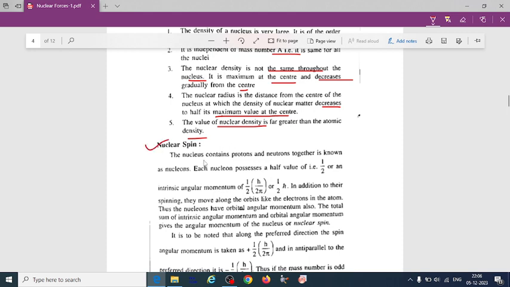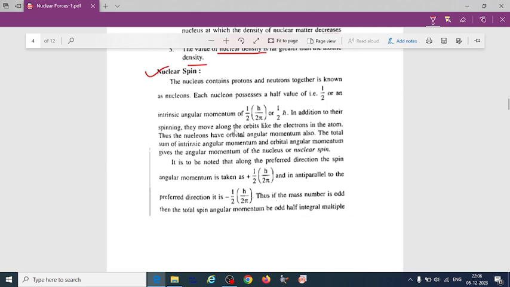Then nuclear spin. As we know, the spin of the nucleons is given by a half value, that is intrinsic angular momentum, half h cross.